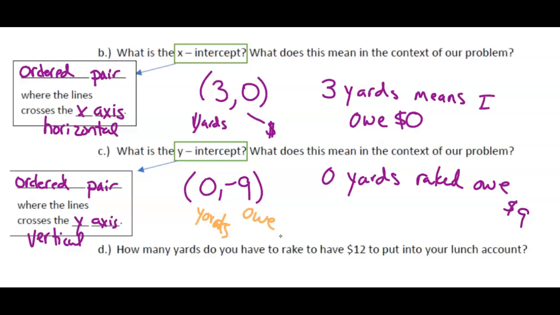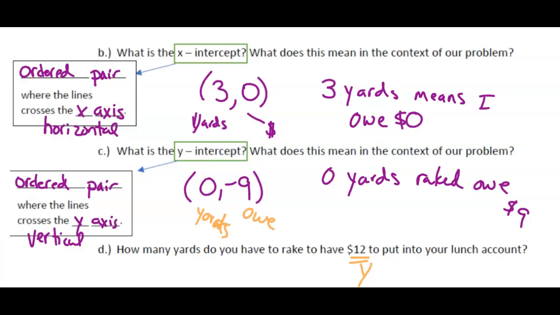Question in letter D is, how many yards would I have to do to have $12 to put into my lunch account? So money is what value? X or Y? This is my Y. Okay, so here's what we're going to do.